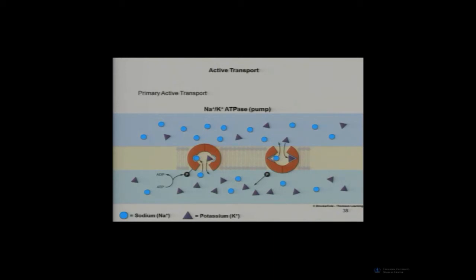So probably the most important example of primary active transporter is the sodium-potassium pump, also known as sodium-potassium ATPase pump. And this ATPase refers to one of the subunits in the transporter.